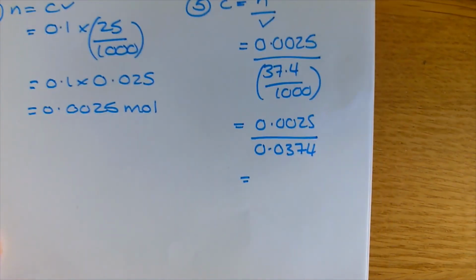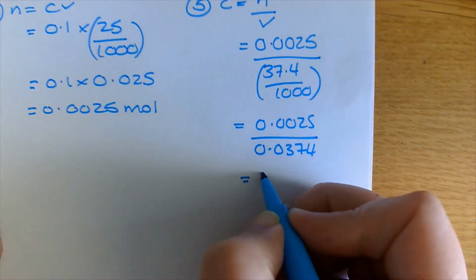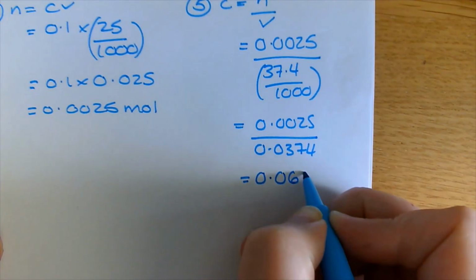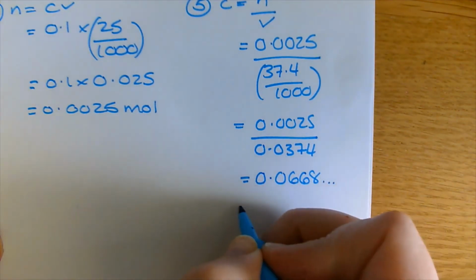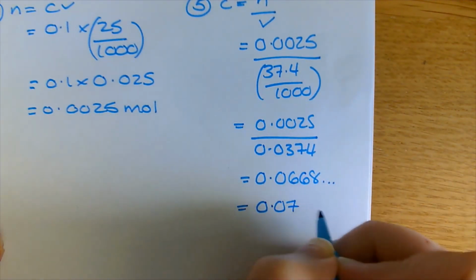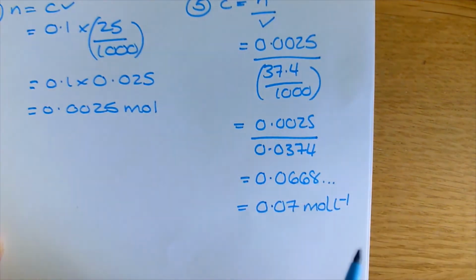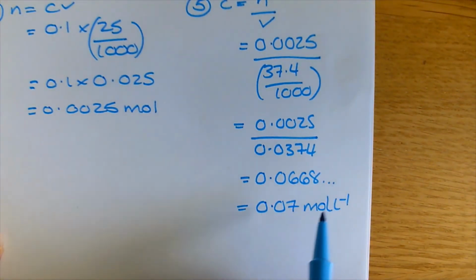And once you do that calculation, you'll find that you have a concentration of 0.0668, so on and so forth. You have 0.07 mole per litre solution.